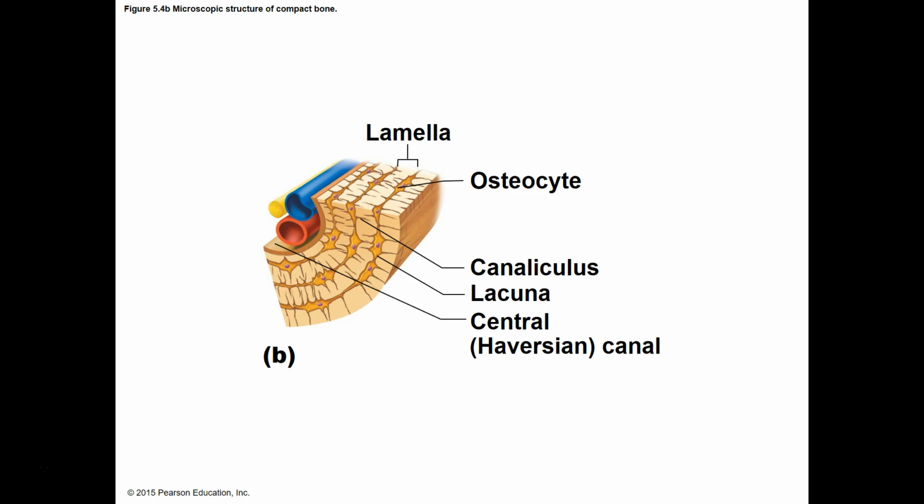So another little cross section, we zoomed into it a whole lot more. We're looking at that Haversian system, or a fourth of that Haversian system, and we can see the bone cells in here a lot better. We can even see their little nucleus. And you can even see these little cross canals that interconnect, so that these bone cells actually do have a way of communicating with each other to a degree.